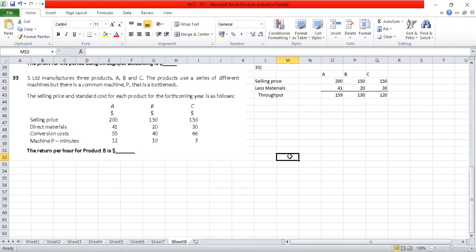The time is also mentioned. The last thing in the column, machine P minutes is given as 12, 10, and 7. So 12, 10, and 7. Just divide by that and then find out.